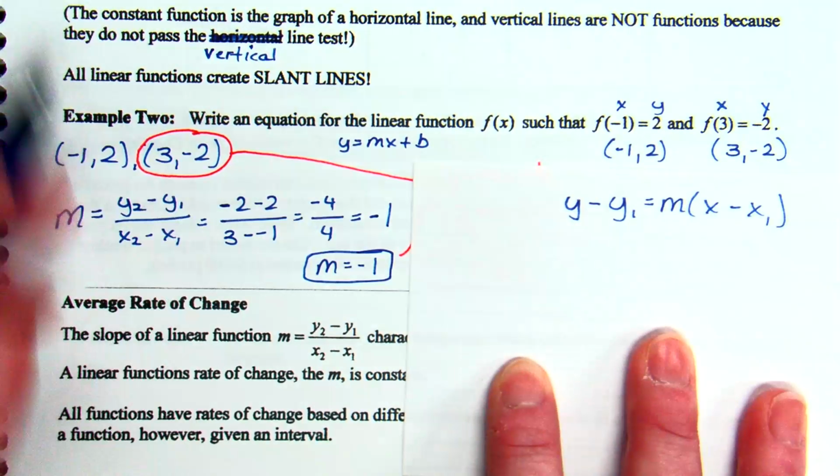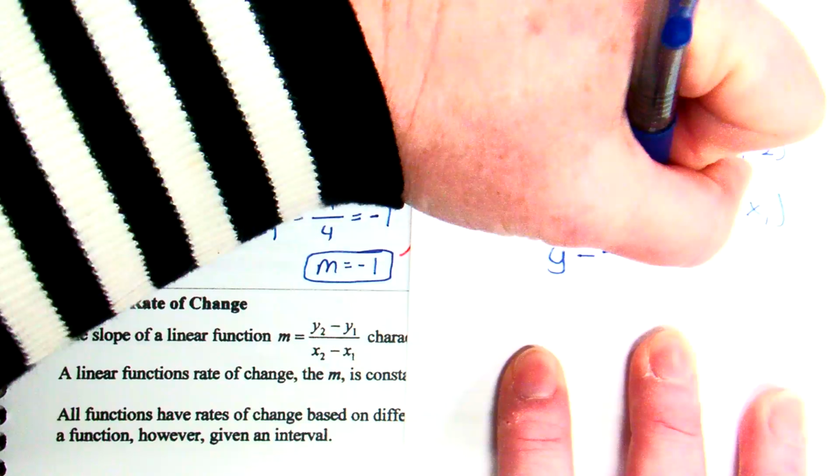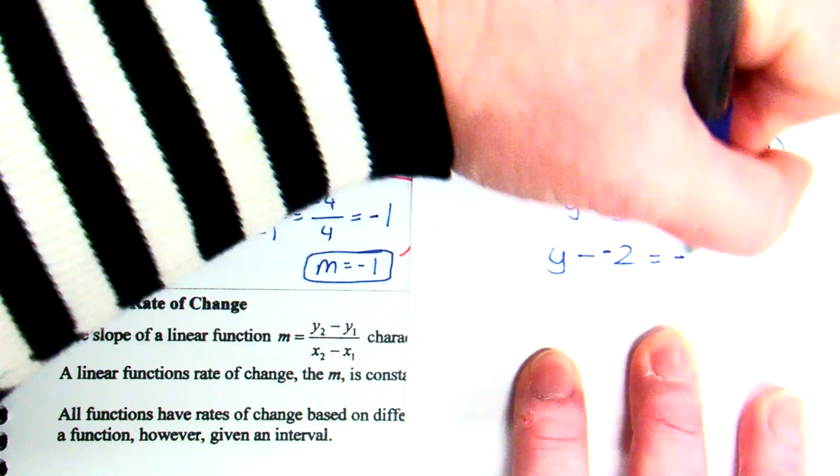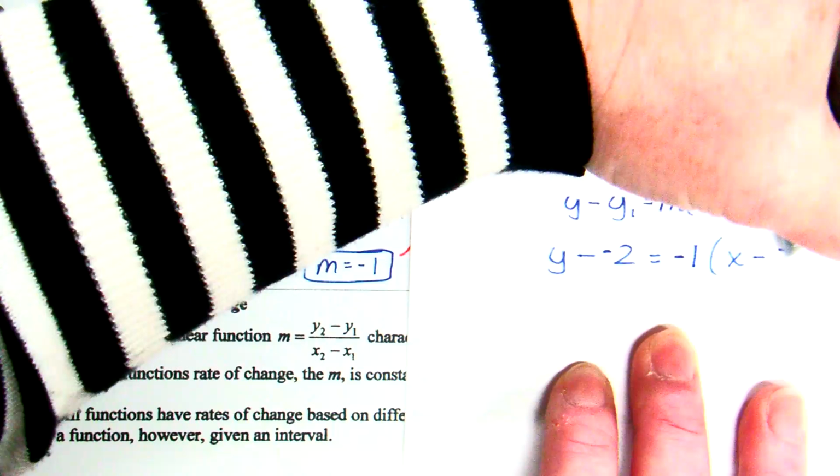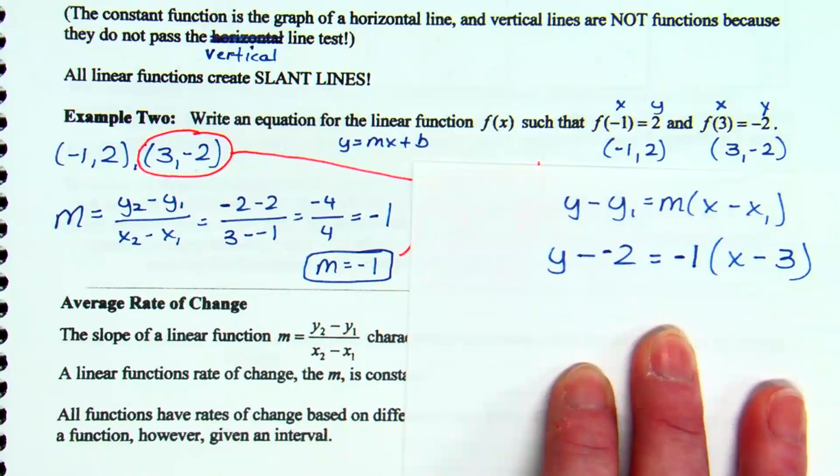And so then we're filling in y minus, if I use my same ordered pair, my y coordinate is -2 equals m. What's my m? -1. And then it's x minus, what's my x coordinate? 3. And then from here, it's just some cleaning this up. What do you know about y minus -2?